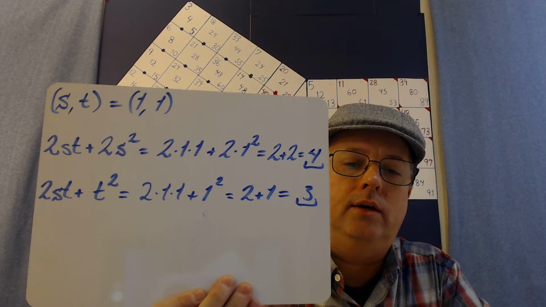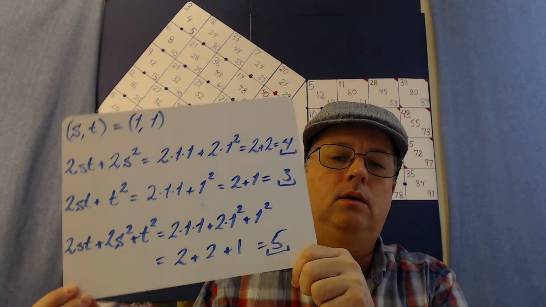Okay, and now as you can expect here, when we do the 2st plus 2s squared plus t squared, we're going to get 2 times 1 times 1 plus 2 times 1 squared plus 1 squared.